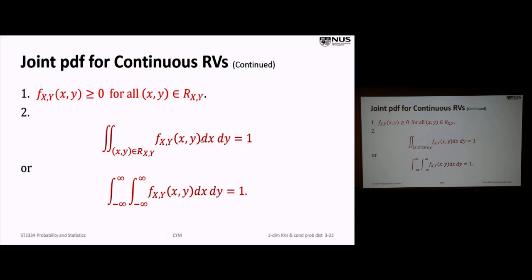That is, I take the function, I integrate over all possible values that x and y can take, and I get back 1, because it's a probability density function. If you prefer, you can take it like this. They're equivalent, because if the function f of x, y is 0 outside the region R of x, y, a subset of R2, then it will be 0 there. So these are equivalent conditions.